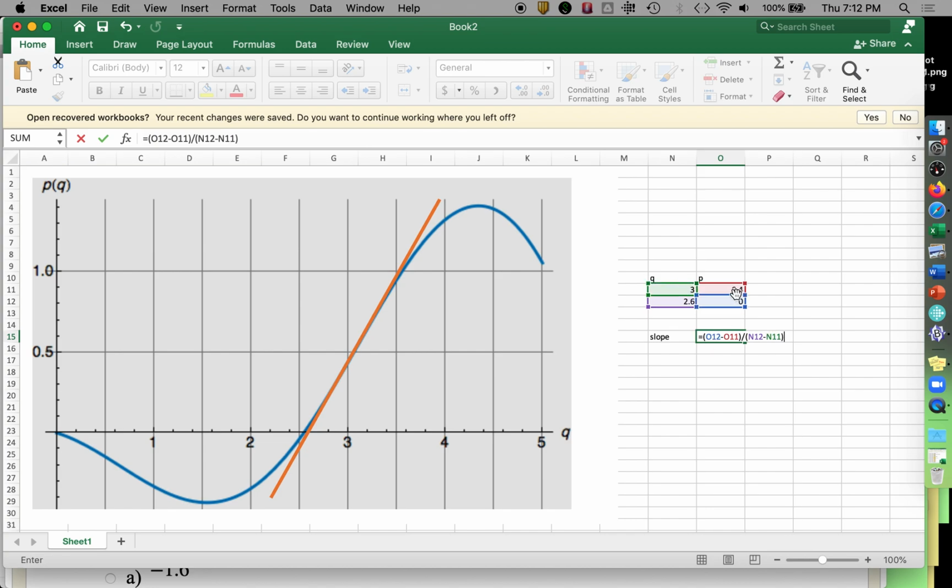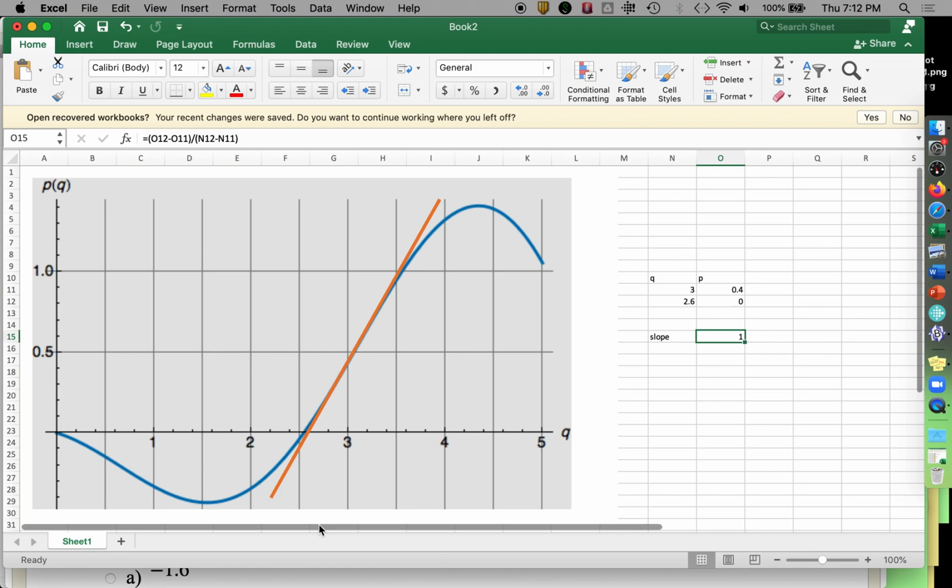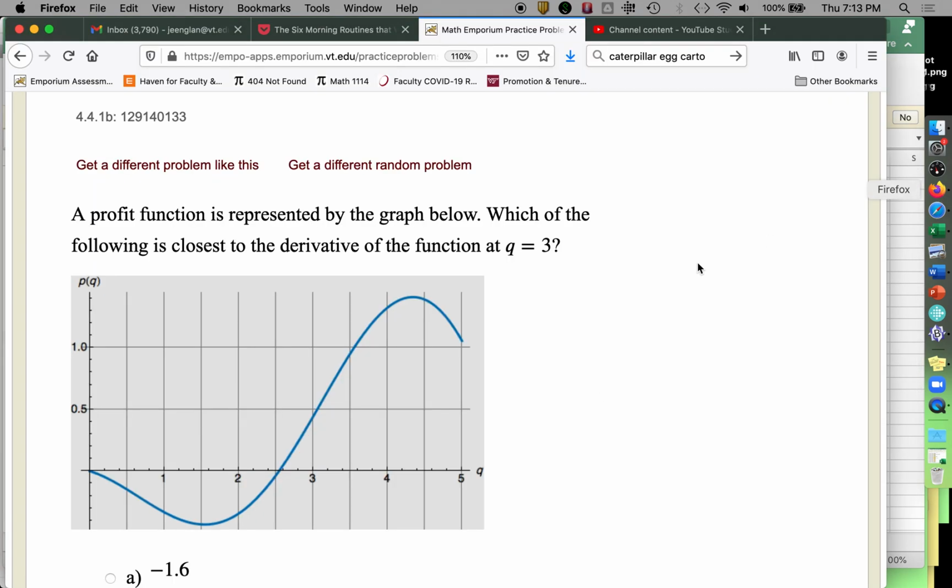So I did 0 minus 0.4 divided by parentheses 2.6 minus 3. Let's see what we get. I got 1. Wow, that's surprising. But I got 1 for the slope, so 1 should be pretty close to the derivative, maybe off by a little bit. Let's go see what our choices are.